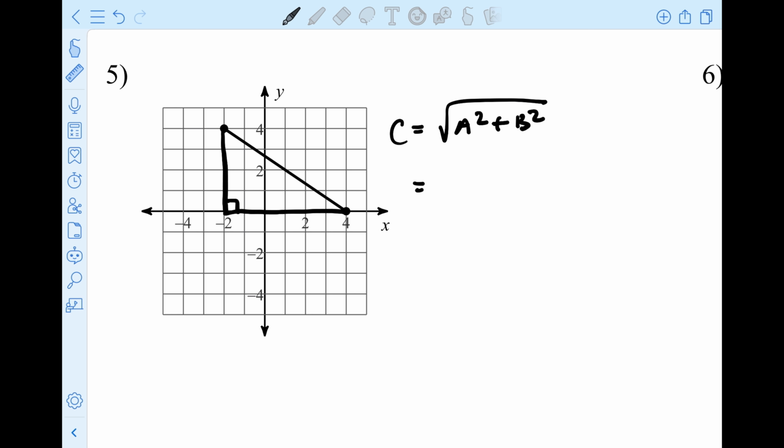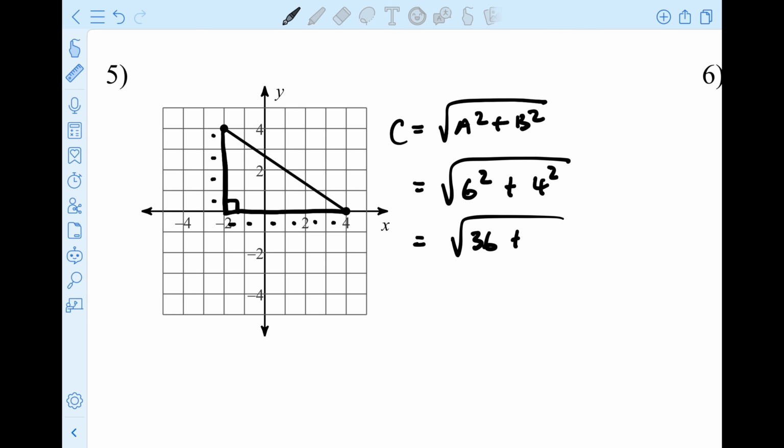So this is 1, 2, 3, 4, 5, 6. All right, so let's call that 6 squared plus 1, 2, 3, 4. Let's call that 4 squared. So this will be equal to the square root of 36 plus 16, right? And so what happens here is that we get the square root of 52, and let's divide 52 by our perfect squares. 52 divided by 4 gives us 13.